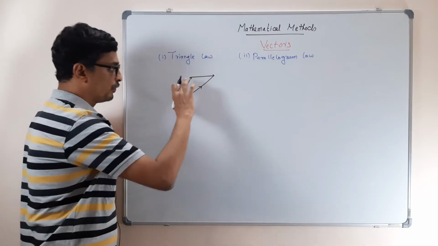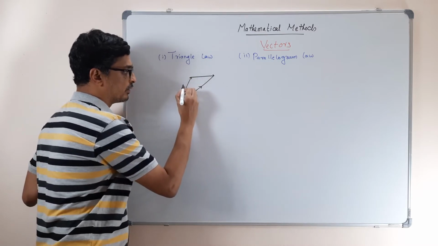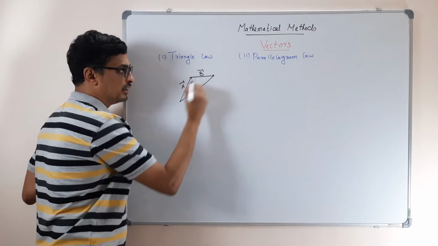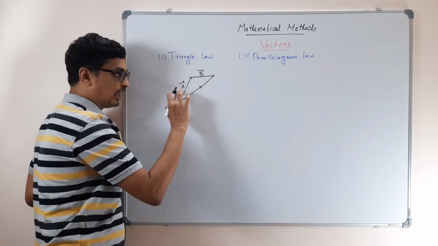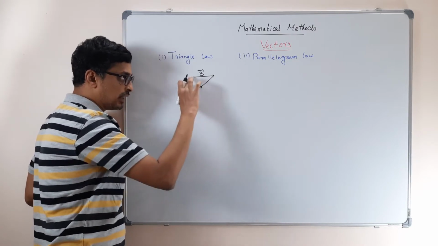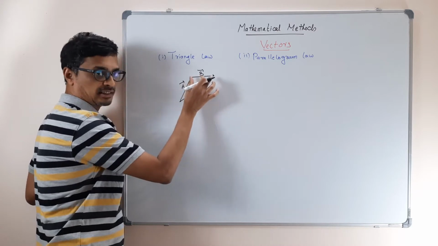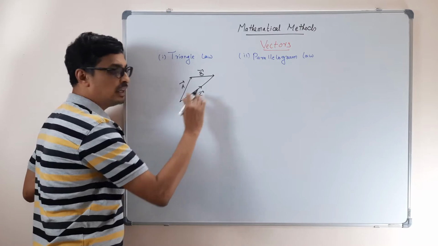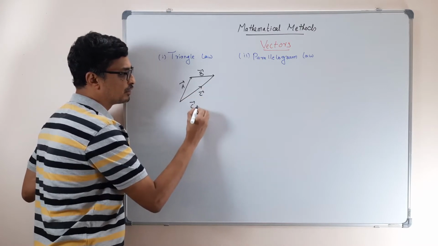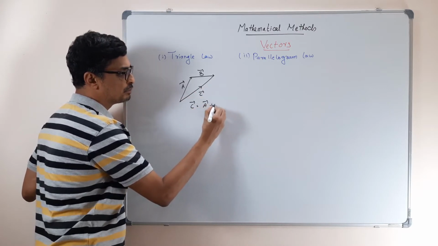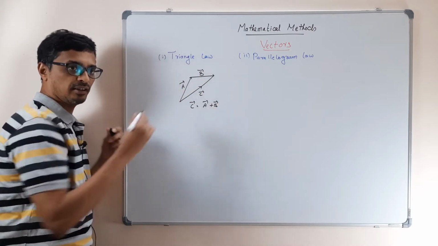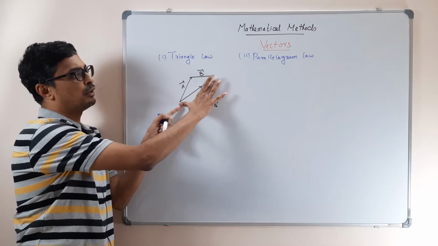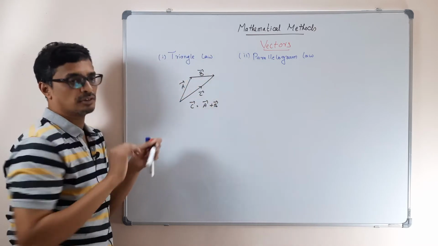If you represent this vector as A and this as B, and a vector is defined by its direction and its magnitude, the length, then the resultant vector C is C vector equal to A vector plus B vector. It can be represented in the form of a triangle. You join these two vectors' edge points. So this is the magnitude of the vector, and this will be the direction of the vector.